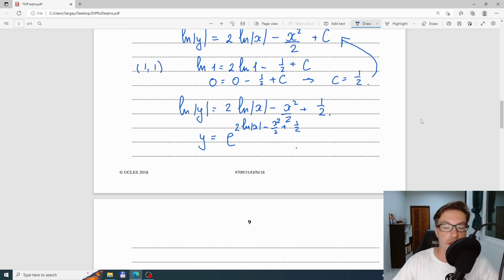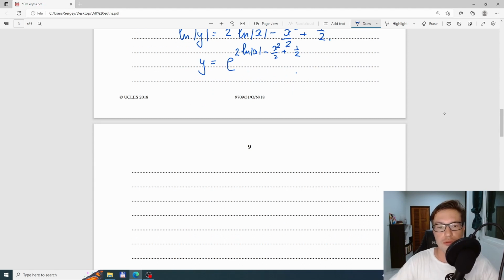And then again, technically we're done, but we can write our answer a little bit nicer, again using laws of indices. So I'm going to split it into e to the power of 2 log x times e to the power of 1 over 2 minus x squared over 2.